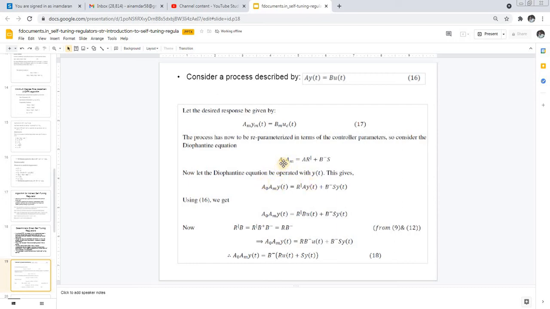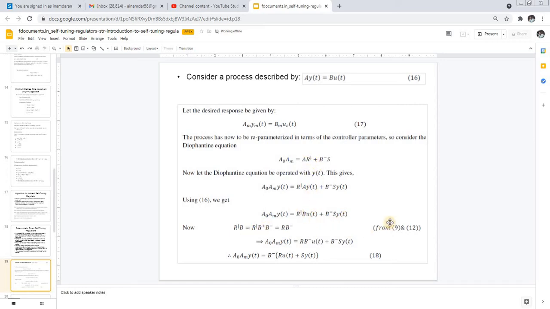We can assume this Diophantine equation to be operated on y(t), which will give us A0 Am y(t). Just associate y(t) with each term, so y(t) is multiplied with each term. Now, using the equation, we get A0 Am y(t) equals R' B u(t) plus B' S y(t).